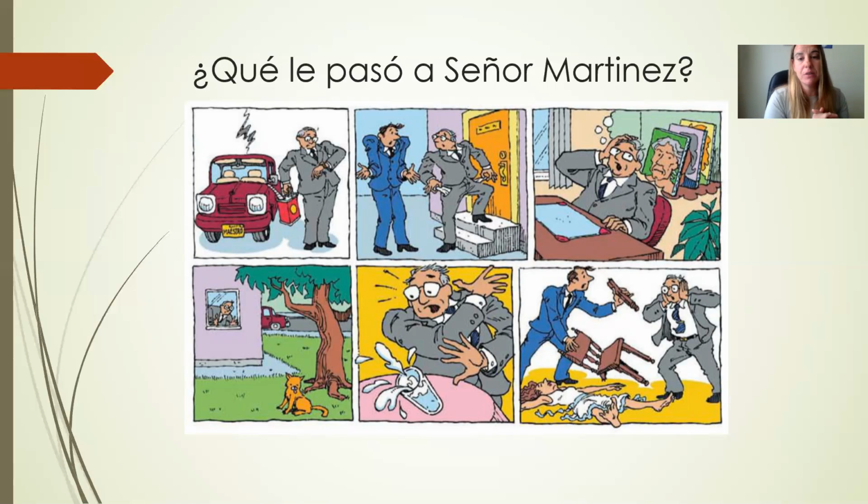Se les perdieron las llaves. In the next picture, Señor Martinez, it looks like he forgot something. I don't know, maybe the art, since this chapter is about artwork. And so I'm going to say, take that responsibility off, le, because it happened to him. Se le olvidó el arte. El arte se le olvidó. He forgot the art, but not that he forgot; the art was forgotten and it happened to him.